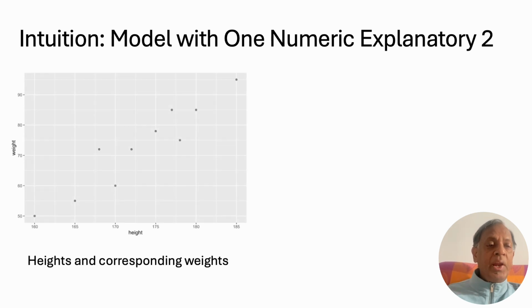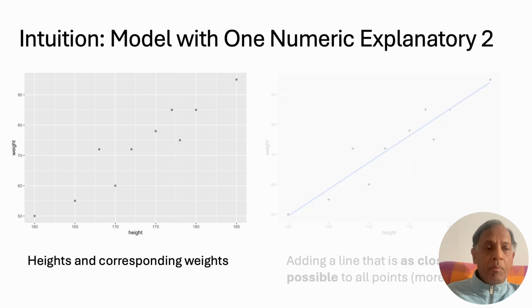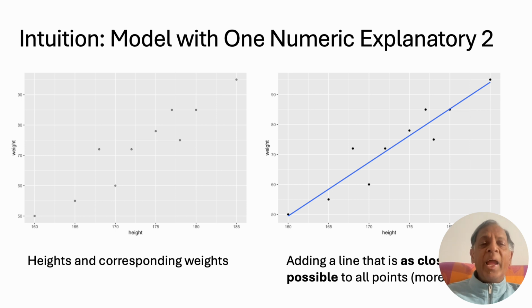What we really do in this case is we make a point plot of the height versus weight. So you're seeing all the points here. Now what we do is we draw the line that is most close to all of the points.